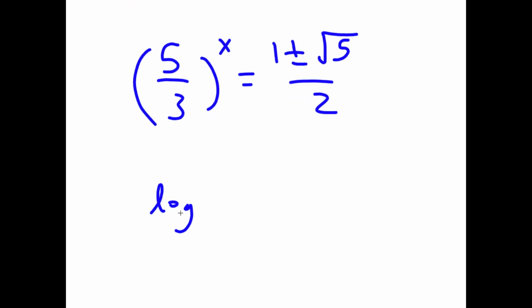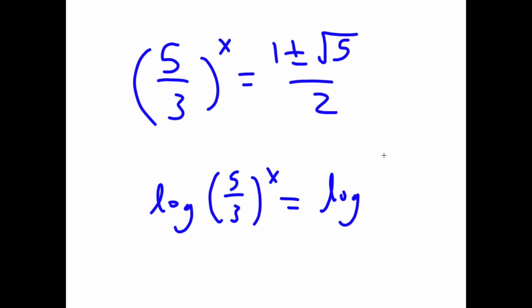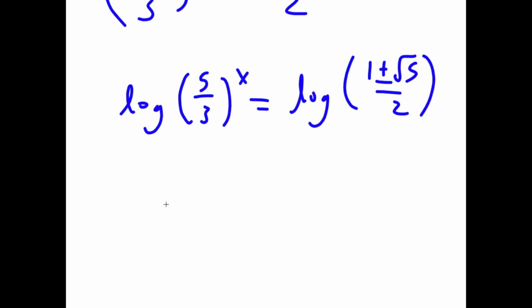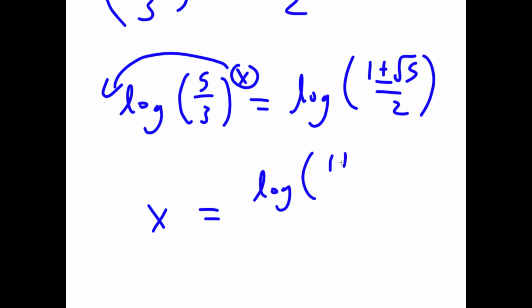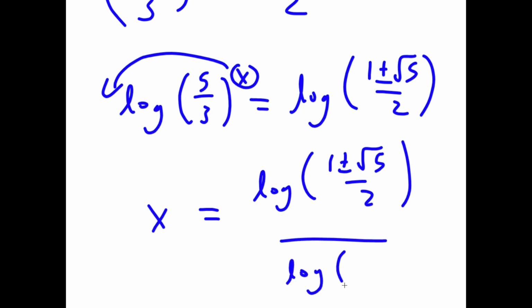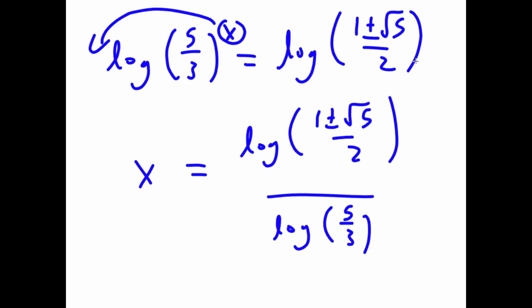So now if I take the log on both sides, I get log of (5 over 3) to the power of x is equal to log of (1 plus or minus the square root of 5) over 2. And now I can move x to the front. So now I have x times log of 5 over 3. If I divide both sides by log of 5 over 3, I get x equals log of (1 plus or minus square root of 5 over 2) over log of 5 over 3.